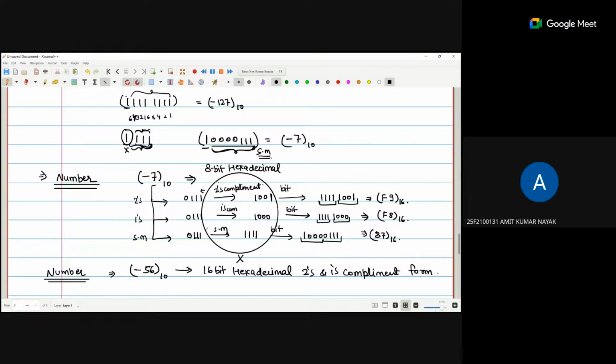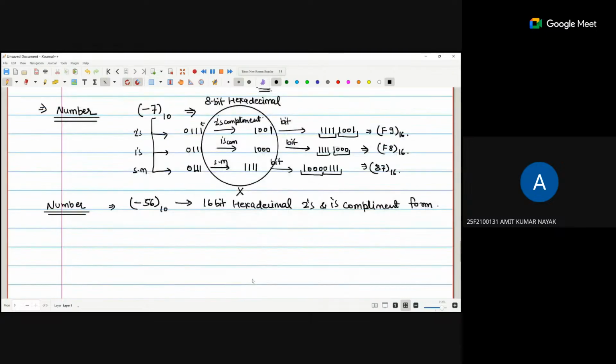So for 2's complement, it's FFF8, and in 1's complement, FFF7. Another answer: FFC8 in 2's complement and FFC7 in 1's complement.